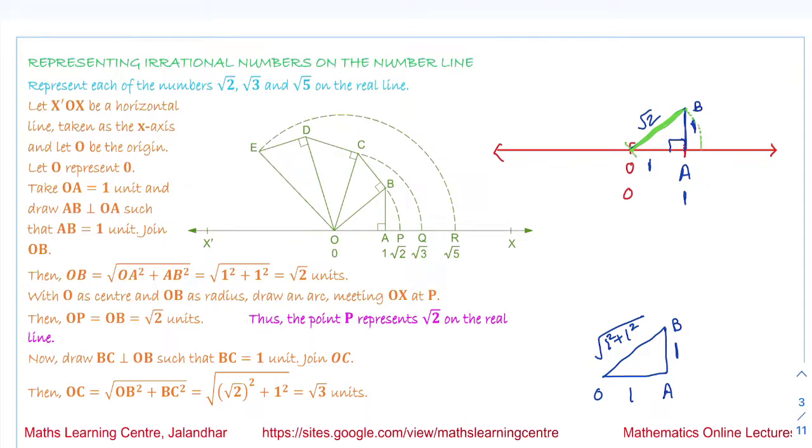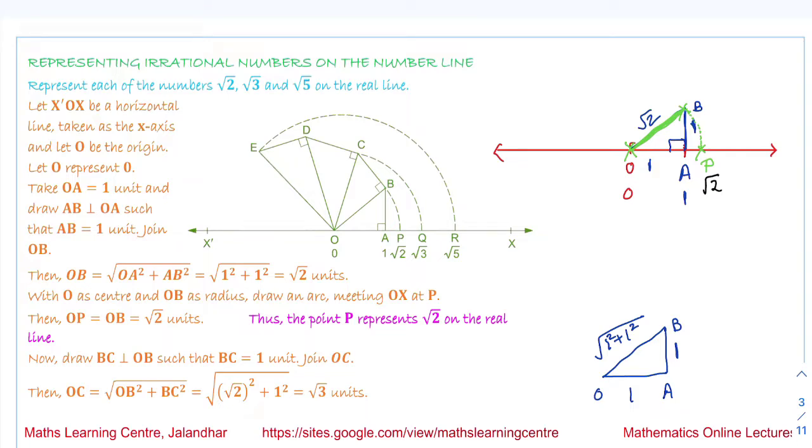We keep one end at this point, the second end at this point, and we draw the arc over here, not the circle, it is the arc, and we cut at this point and say that this point is point P, and this point P will represent the point square root 2. So this is how we can represent square root 2 on the number line.